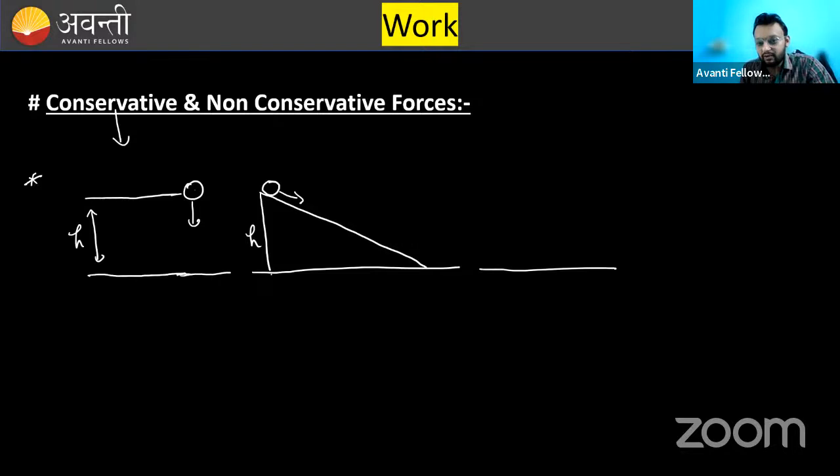In the third scenario, there are stairs like that. I have dropped the ball this way and it is coming tip, tip, tip, tip like this. And the ball is again coming to the ground. In all these three situations, the path followed by the ball is different.